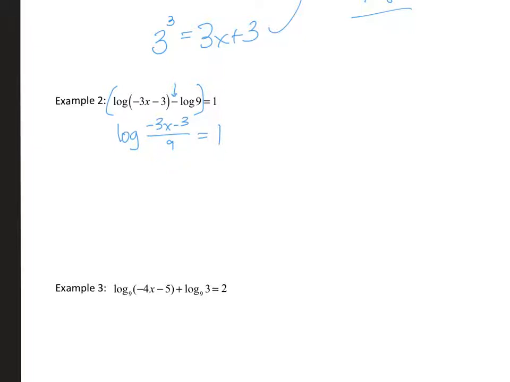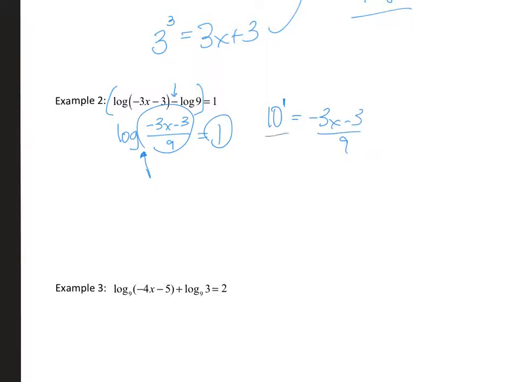So what I can do instead is take this out of log form and switch it into exponential form. Now notice there isn't a base written right here, which means that it's understood to be 10. So it's going to be 10 as the base raised to this exponent equal to this argument.